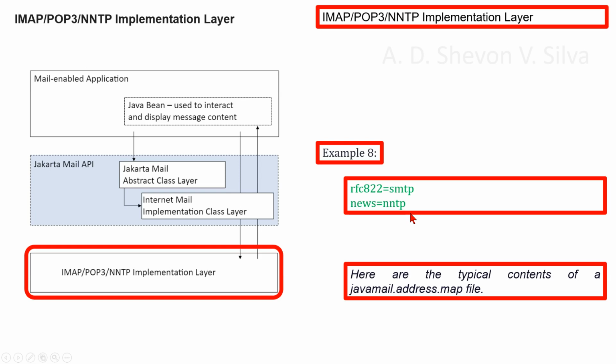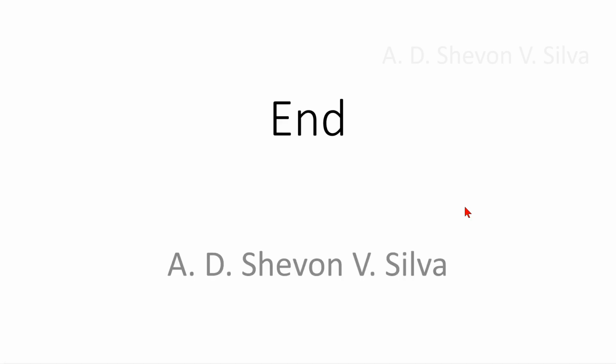Here RFC822 equals SMTP and news equals NNTP.